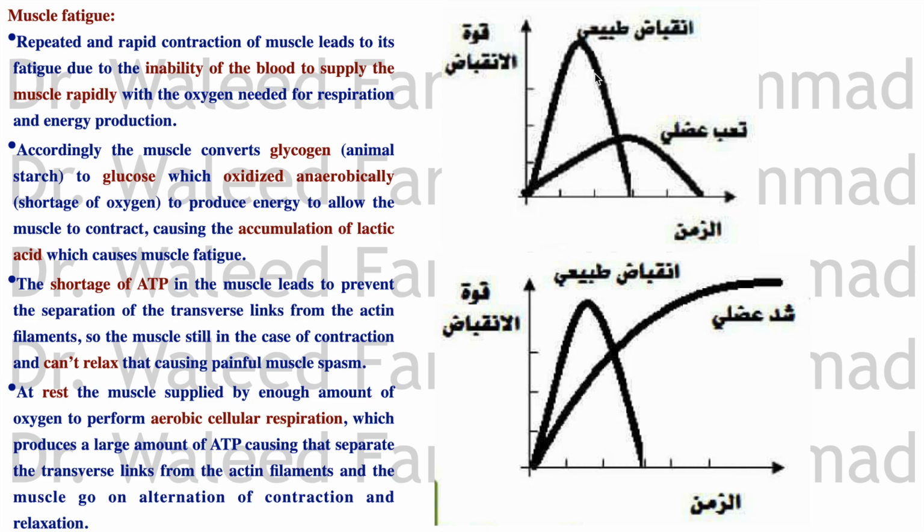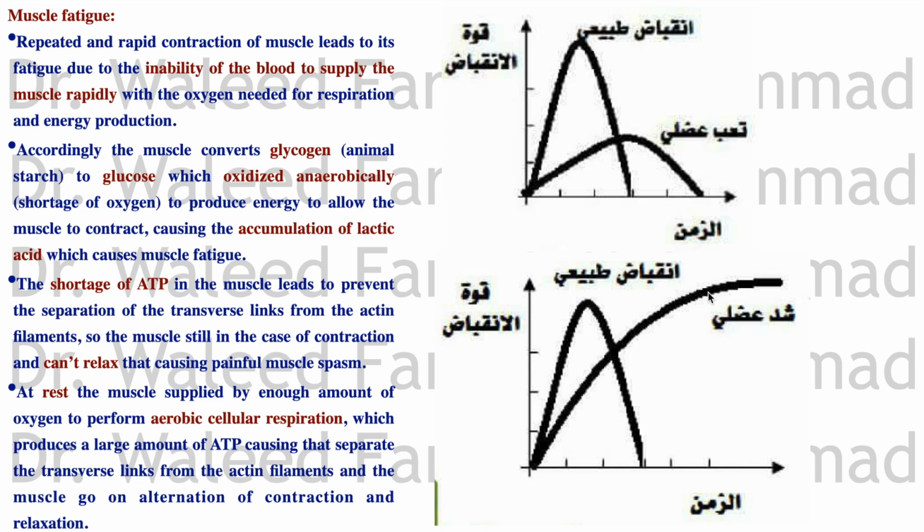Now, what's the difference between this and this? See here, this is normal contraction, this is normal contraction. This is another contraction, but subsided, becomes relaxed again. But here the muscle contraction did not subside. Continuous muscle contraction. This is the cramp. هو ده الشد العضلي. Okay?